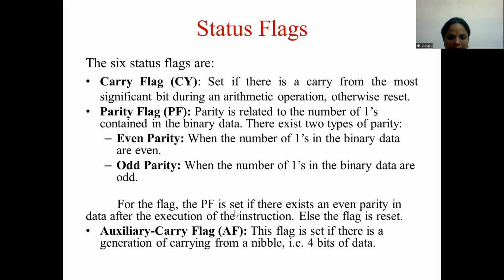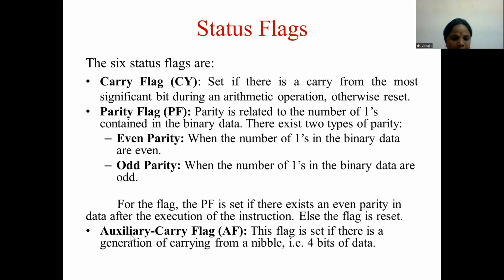The parity flag is set if there exists even parity in the data after the execution of the instruction, else the flag is reset. That means if in the binary addition result the number of ones is even, then the parity is set to 1. Otherwise, the parity is 0.